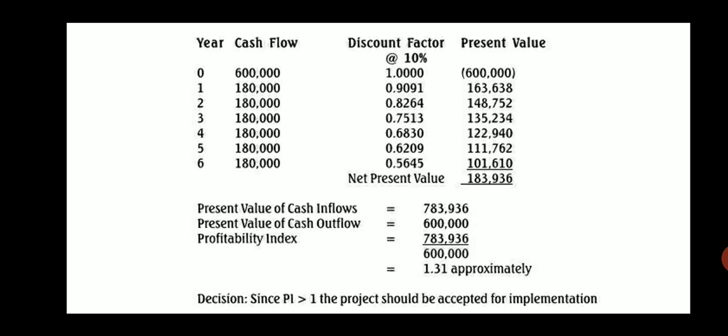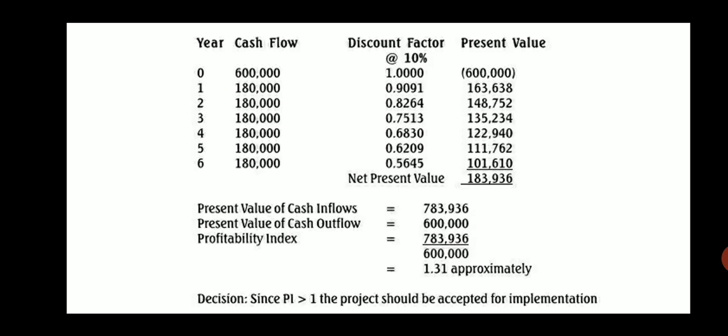Now, what is our net present value? Our net present value of cash inflow is 183,936. Then you divide it by your present value of cash outlay, which is 600,000. By the time you get your answer, our answer is 0.31.